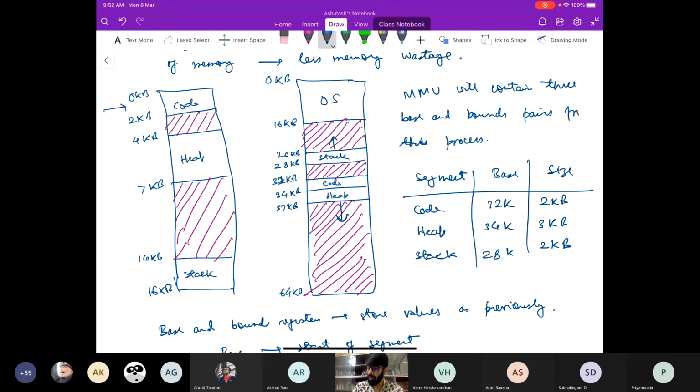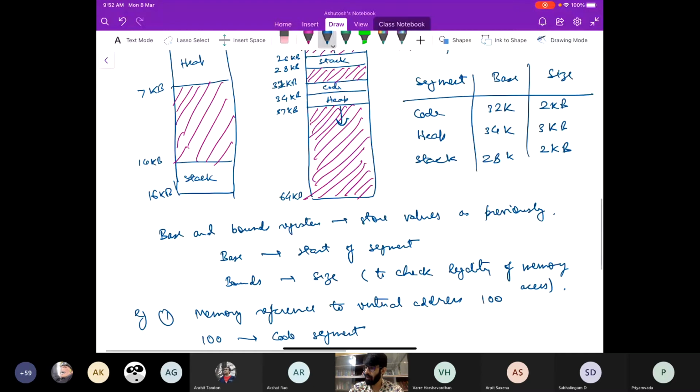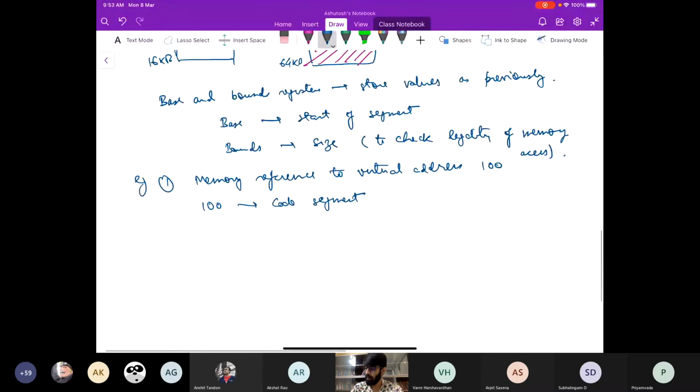It is going to be in the code segment. So now what is the base of the code segment? So 100 is going to be the offset. So this is the offset, and now we'll add the offset to the base address.